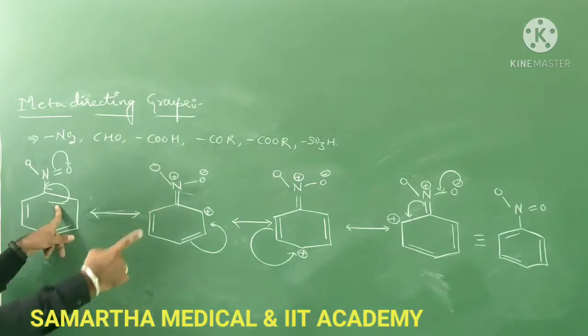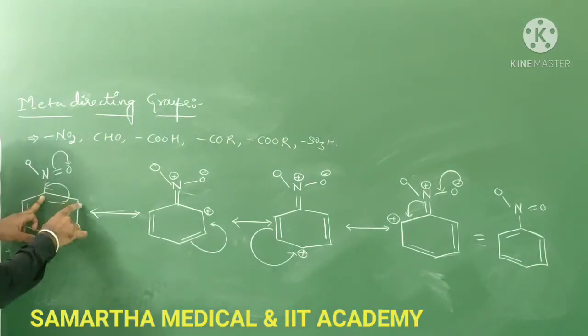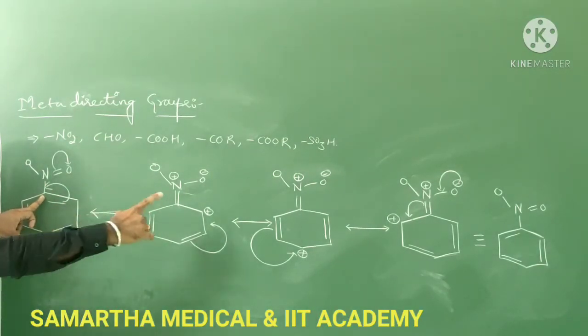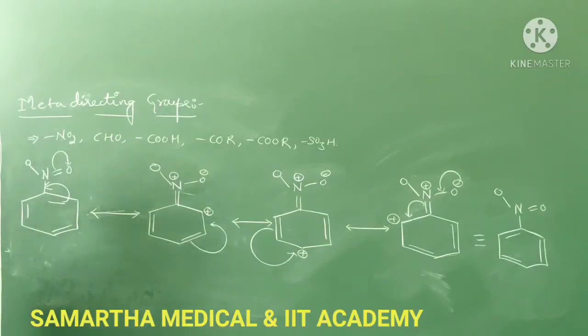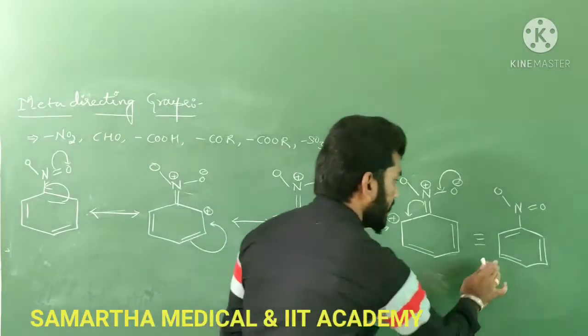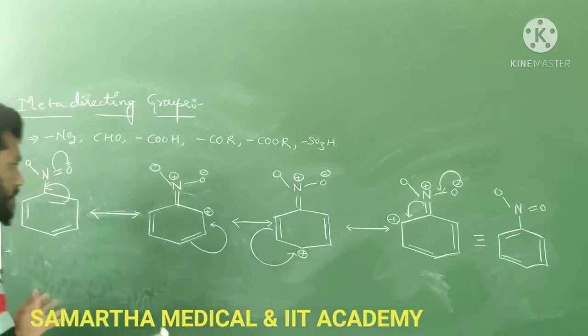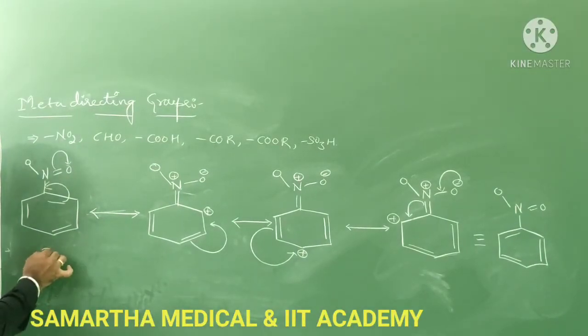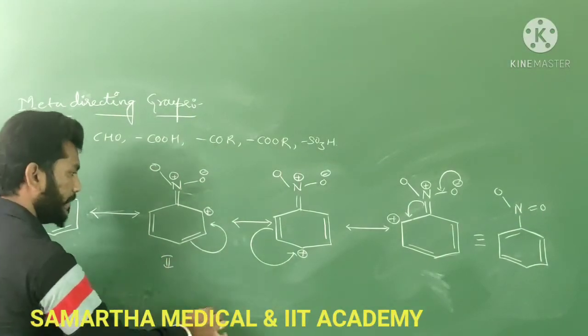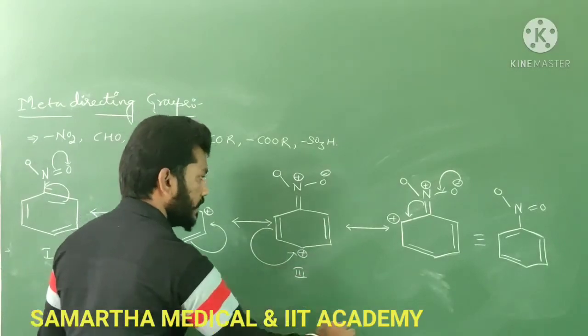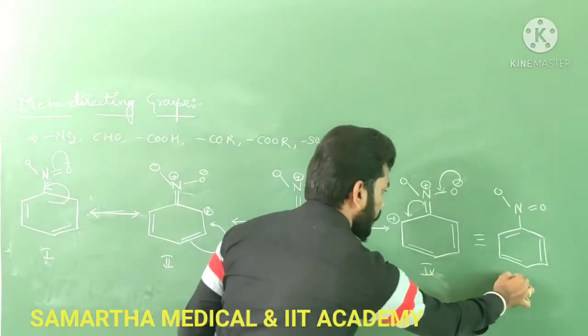Okay, where we have the double bond at the 1,2 position, there we have it at the 1,6 position. Okay, so this is the complete resonance, the resonance hybrid of these structures, and we'll take the first, this will be second, and this would be third, fourth and fifth.